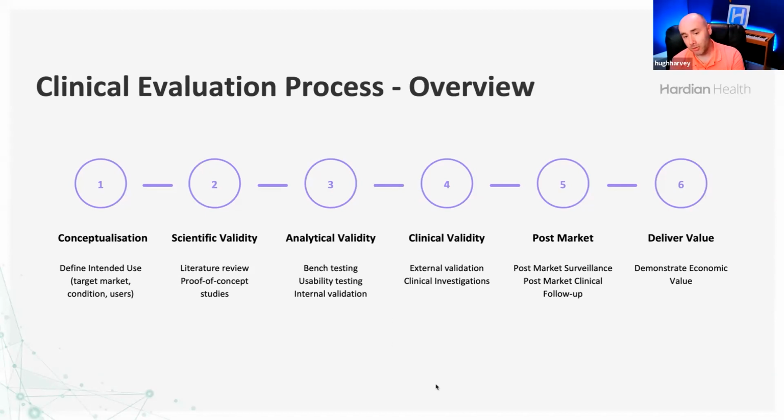But as this diagram shows, you don't just jump in with a clinical investigation. The clinical investigation doesn't come in until point 4 on this list. So there are things to do before you start. So at a very high level, the first thing you need to do before we even think about running any clinical evaluation process is to conceptualize the product or the device that you are ultimately going to be testing. And that has to be done strategically.